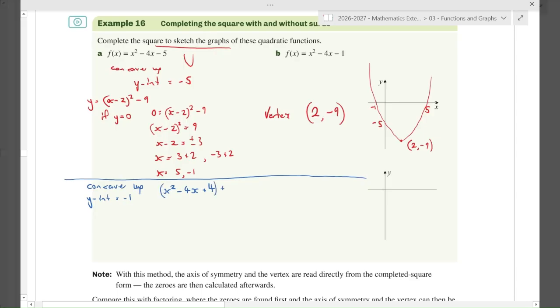And then don't forget to subtract 4 as well, and subtract 1, because we're completing the square. Halve the coefficient of x will give you minus 2 and square that. We all good with that? And I should have put y equals at the front. So we get y equals x minus 2 squared minus 5.